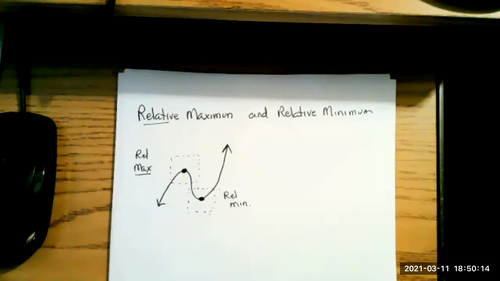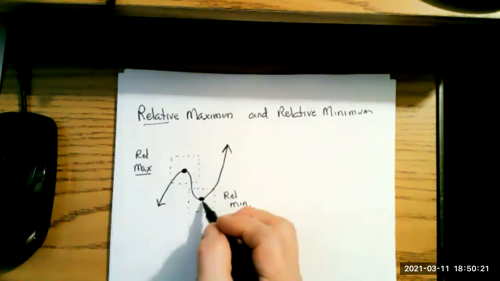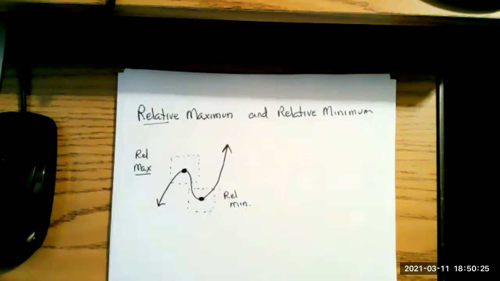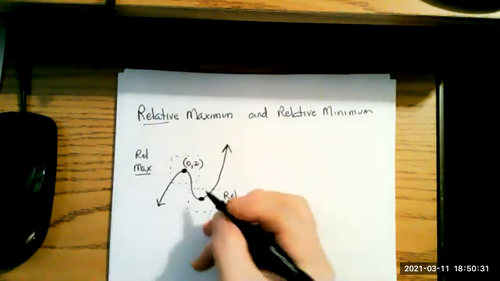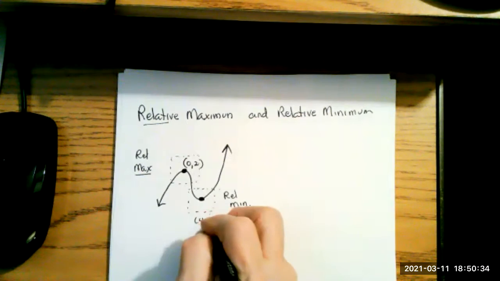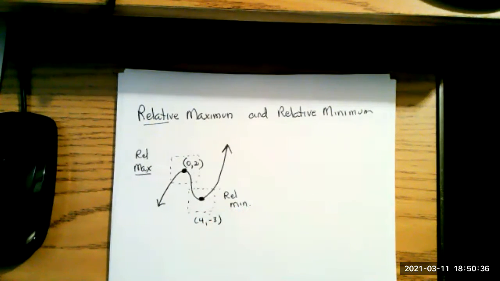Now let's put some values in here. The relative max, of course, is the top point of the curve relative to where it is, and the relative min is the bottom point. Let's put in some points here. Let's say this is 0, 2, and let's say this one is 4, -3. Those are my 2 points.